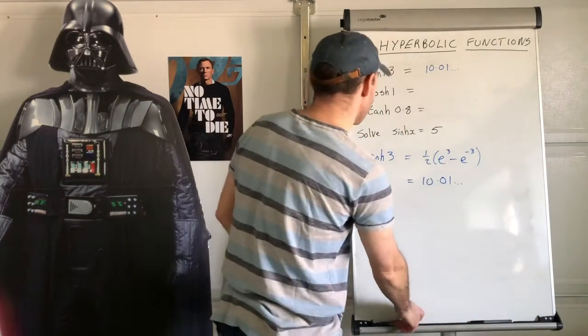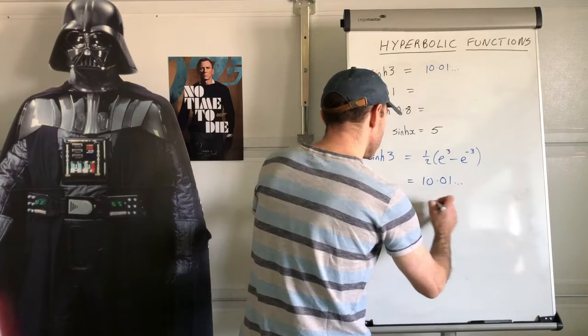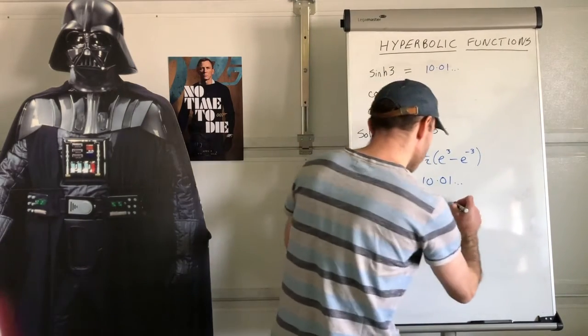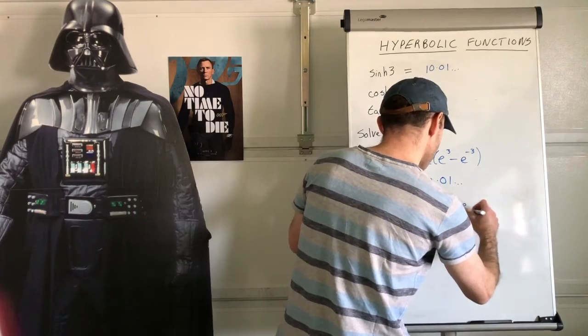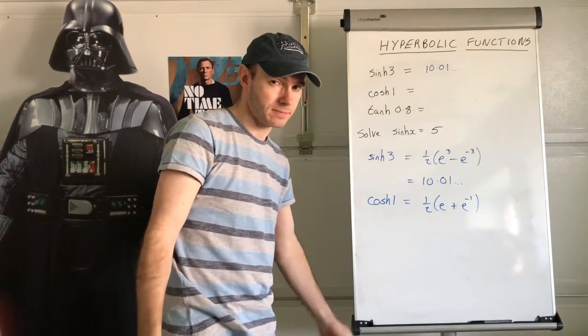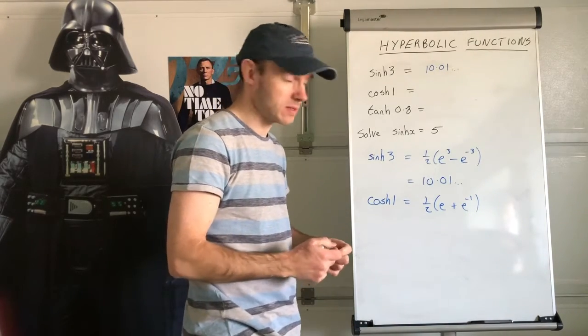Alright. Next one, cosh 1. So cosh of 1, the definition is 1/2 of e to the 1, which is e, plus e to the negative 1. Done. That's the exact answer. Or use your calculator to work out what it is.